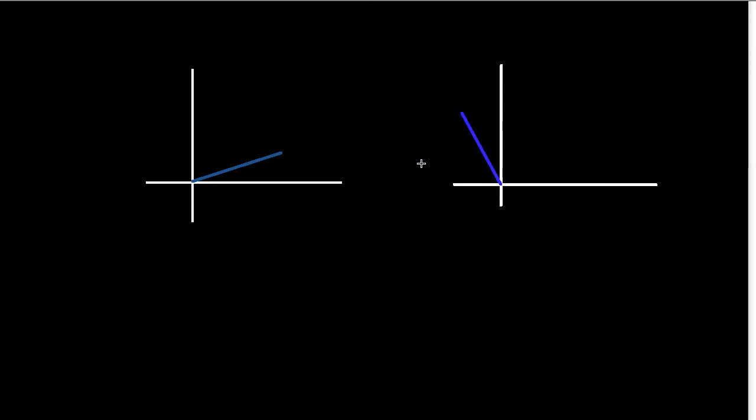This number could perhaps be 5 plus 2i, and this one might be negative 2 plus 5i. Now I add these two numbers together on the same graph, and it might look something like this.